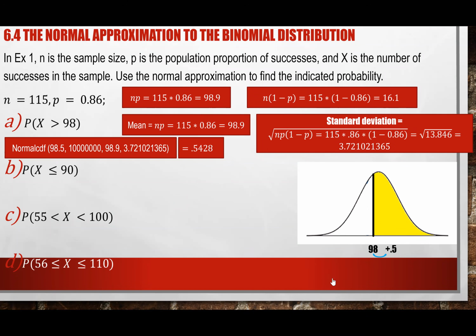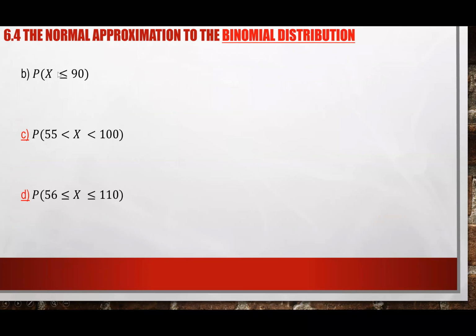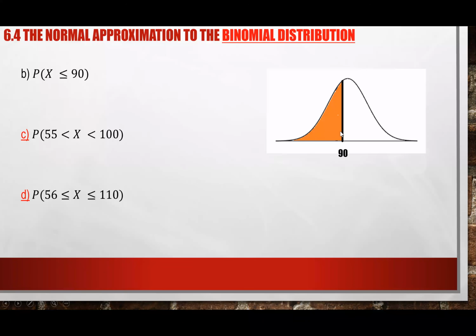All right. If you don't have a question, let's take a look at B, C, and D here. In B, they ask you to find the probability of X less than or equal to 90. If you scan this item, this is my 90, and I'm looking for the area less than or equal to 90, right?